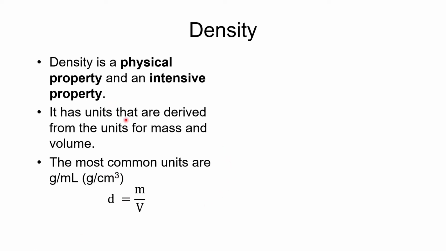So the units are derived from mass and volume. The most commonly used units are grams per milliliter or grams per cubic centimeter. Those end up being the same number. Our formula is that density is mass over volume.